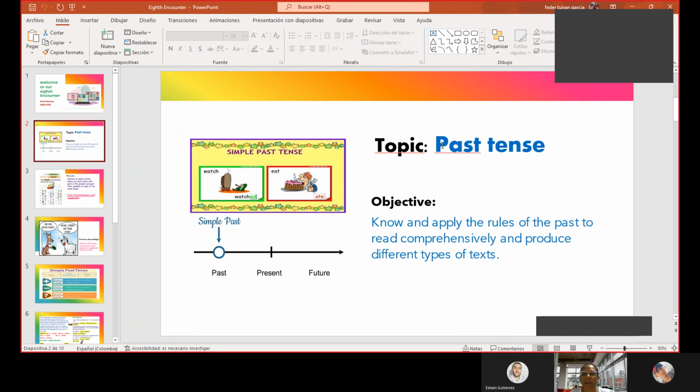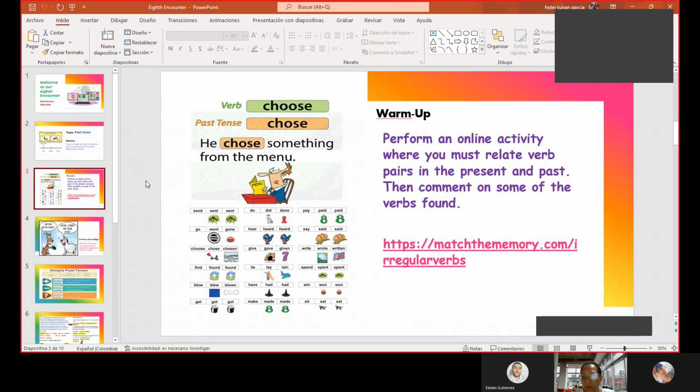For today, we are going to work with the past tense. The objective is to know and apply the rules of the past to read comprehensively and produce different types of text. I know that maybe you have some previous knowledge about this topic. Today we are going to make a review about it.